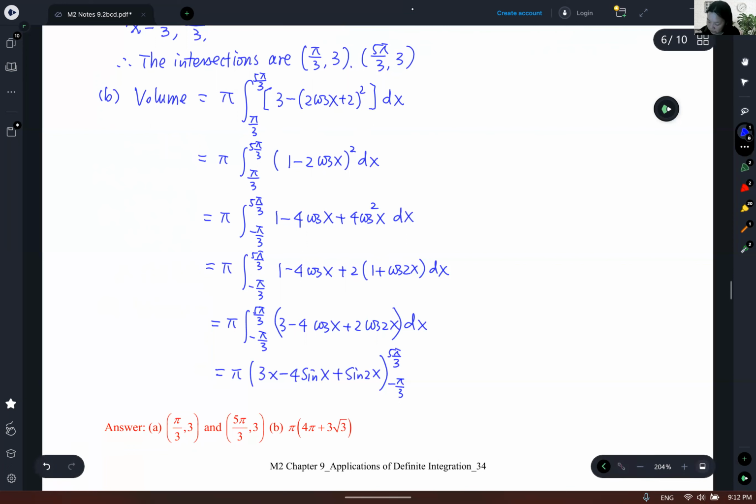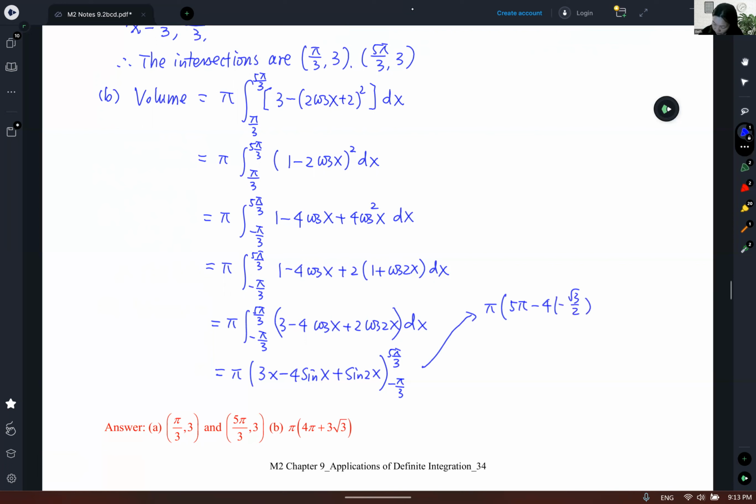Okay, and then the substitution. This is negative root 3 over 2 plus sine 2x. And this one I'm not sure. Sine 10 pi over 3 equals sine 4 pi over 3 equals negative sine pi over 3. That's negative root 3 over 2.